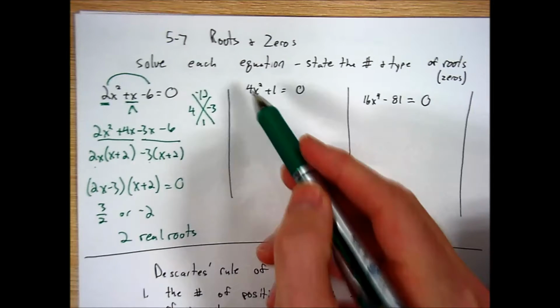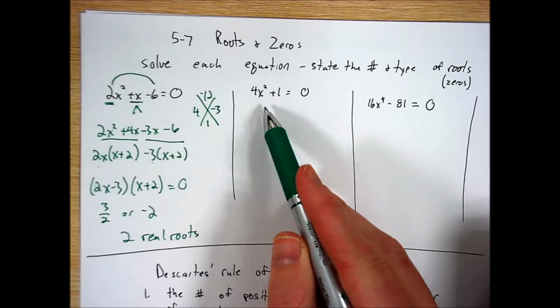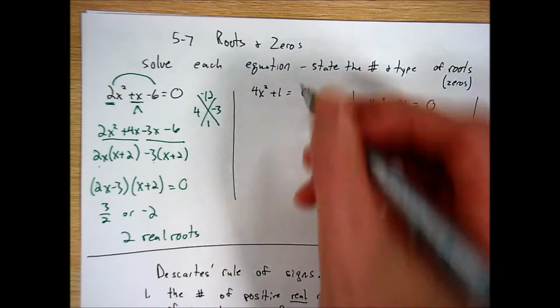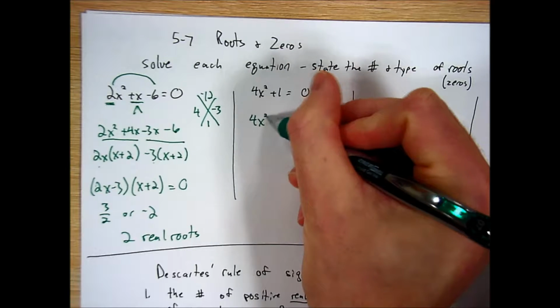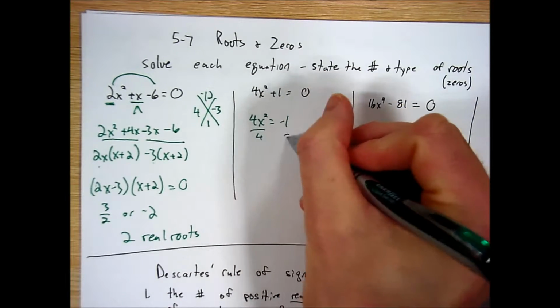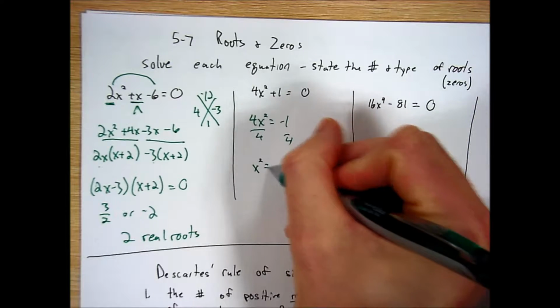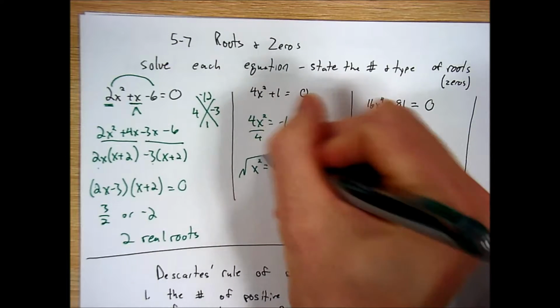Okay, another x squared one. It's not going to be a factoring one. Let's just try to solve this normally. I would subtract 1, then divide by 4, and then square root.